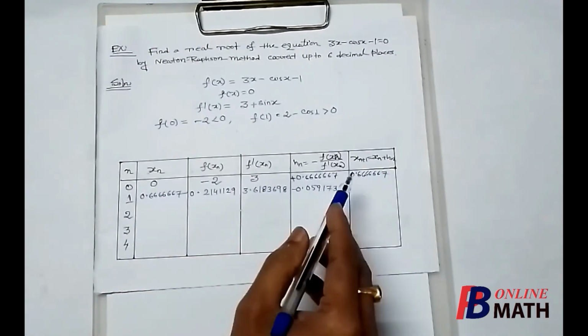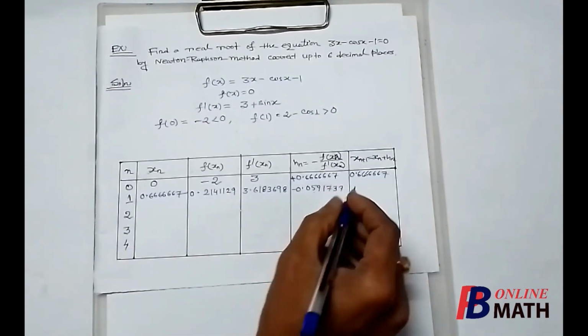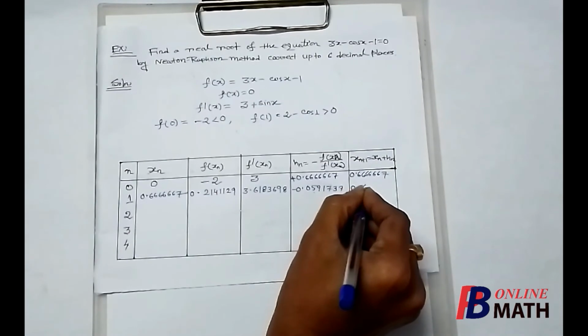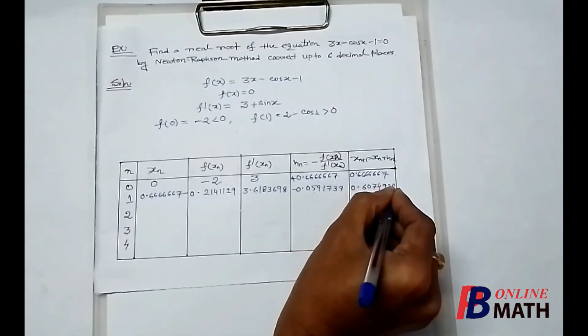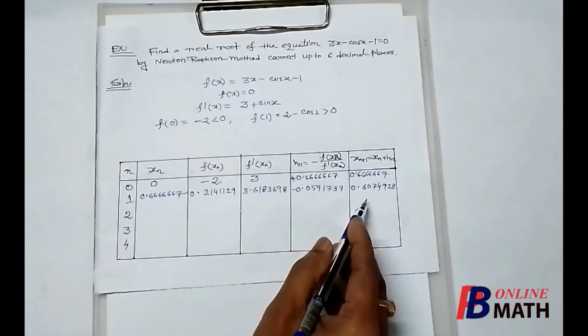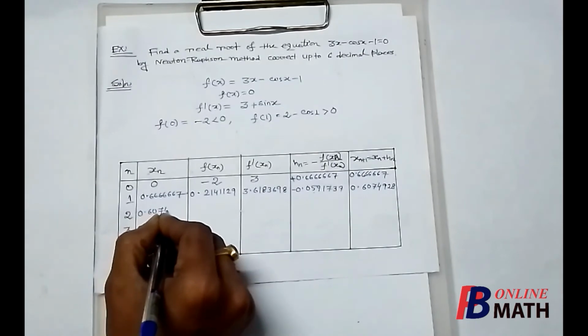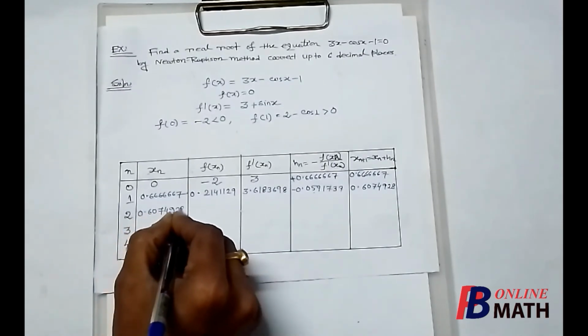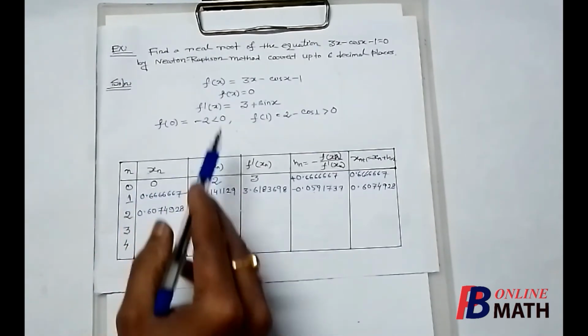So xn plus 1 will be this value plus this value, which will be 0.6074928. So this will be the next approximation. So we write here 0.6074928.